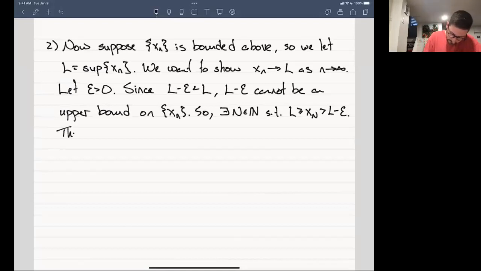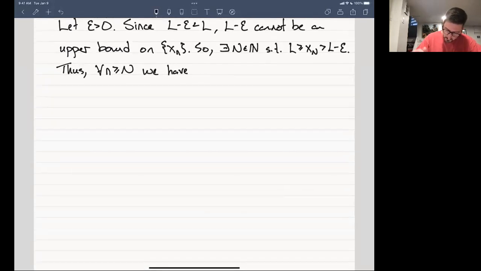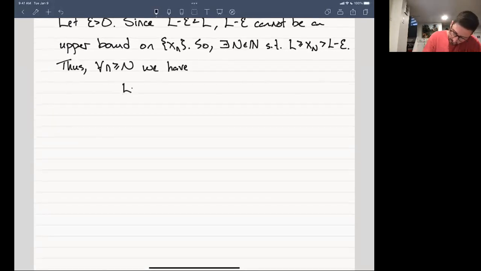So thus, for all n greater than or equal to capital N, let's take a look at this. We've got L minus epsilon is less than x capital N, which, by definition, since this is an increasing sequence, is less than or equal to x sub n, which is less than or equal to L, just from the fact that L is an upper bound on the set.